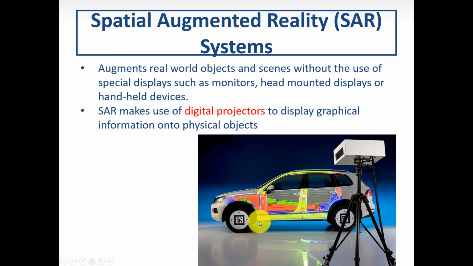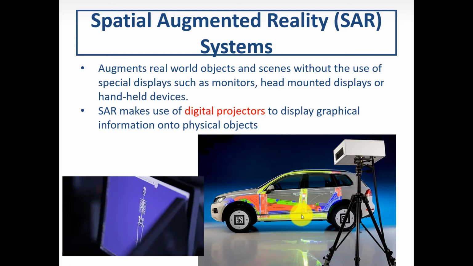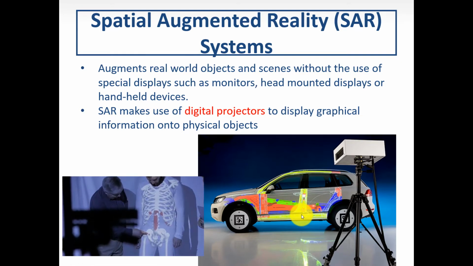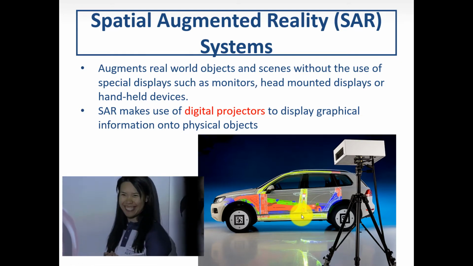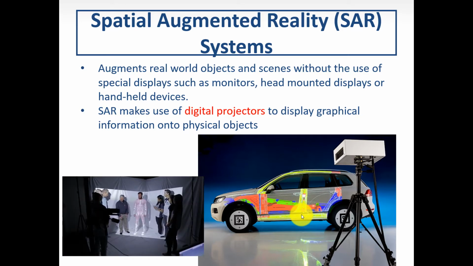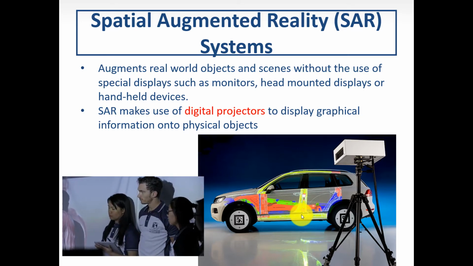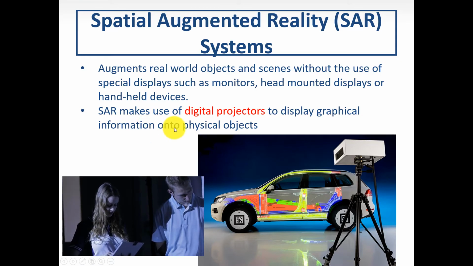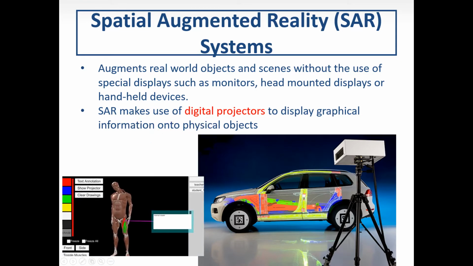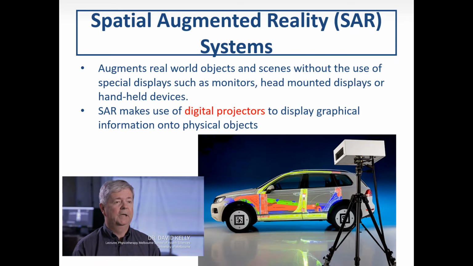In this case, we see what looks like a Volkswagen T1 or Touareg, and you can see the inner skeleton of the structure, maybe with different materials. The same technology can also be used for medicine students, in which you can project the organs, bones, and the person can rotate, and the organs will also rotate. So these are digital projectors. They display graphical information onto physical objects. That's another augmented reality technology.